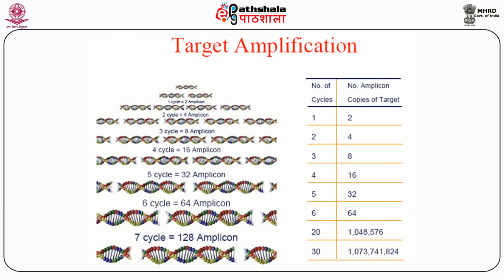So if you calculate, the first cycle gives you 2 copies, the second cycle 4, third cycle 8, fourth cycle 16, fifth cycle 32, sixth 64, and after the 20th and 30th cycle it is in the millions of amplicons of the target.